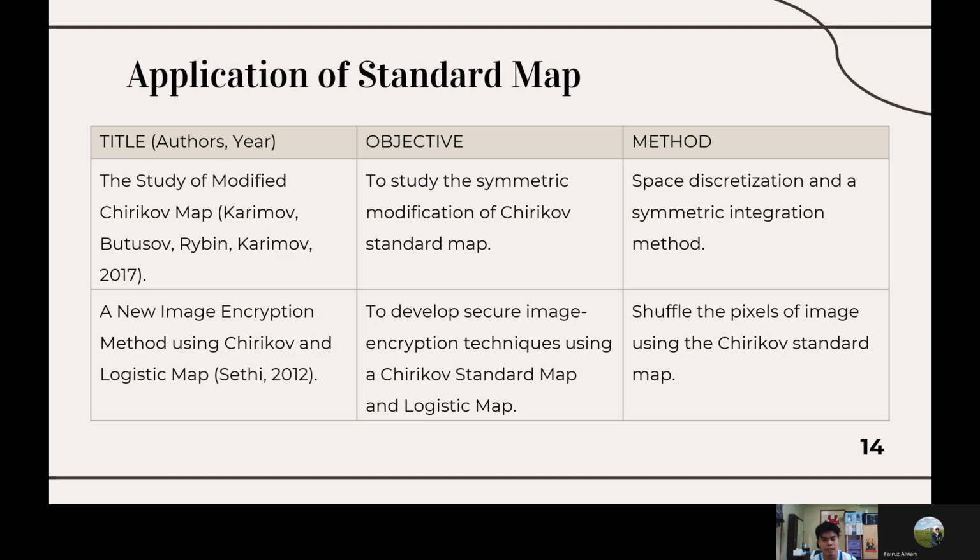We also found a paper about a new image encryption method using the Chirikov and logistic map from 2012, whose objective is to develop a secure image encryption technique using the Chirikov standard map and the logistic map. In that research, the pixels of the image are shuffled using the Chirikov standard map.